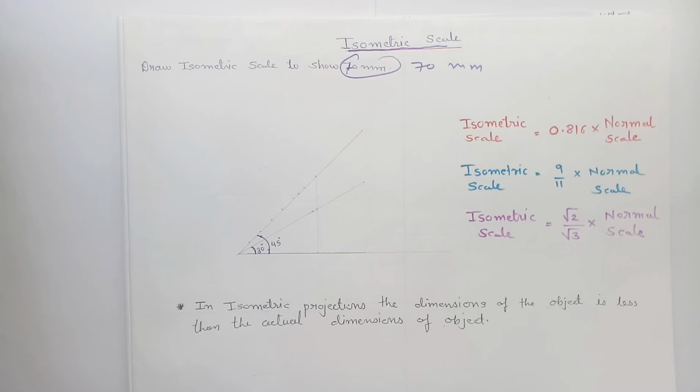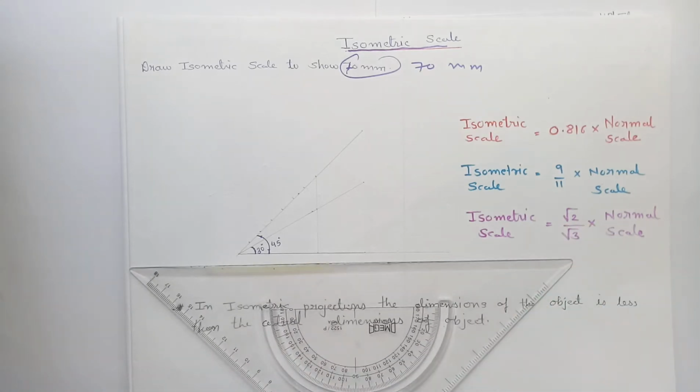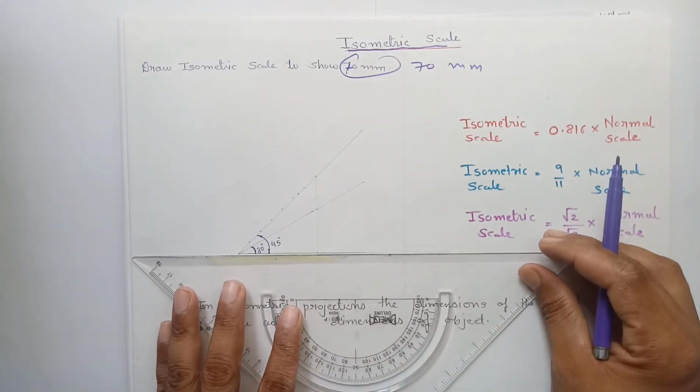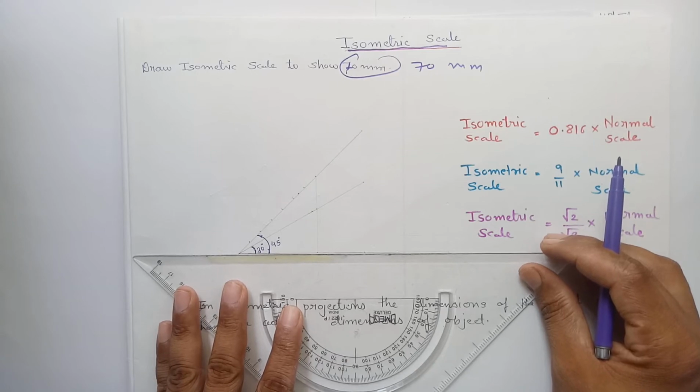Now how can we draw the isometric scale, and how can we say that the isometric scale is different from the normal scale? For that, first of all, let us understand the isometric scale.